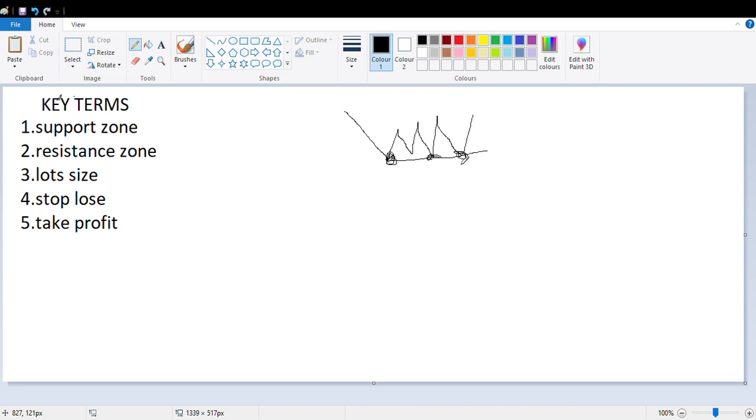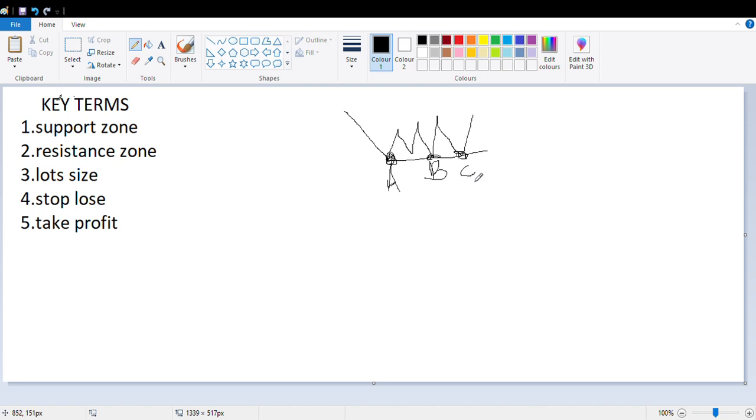The market has moved downward to a certain peak where it can no longer continue moving down, but reverses up. So that simply means the support zone. So here is a support zone A, here is a support zone A, and then here is a support zone B, and then here is a support zone C. So that is how we explain a support zone.